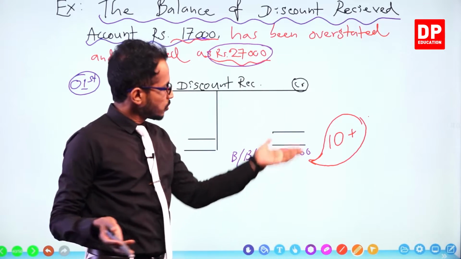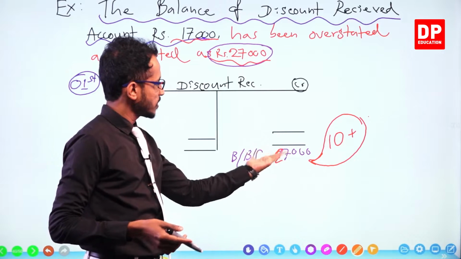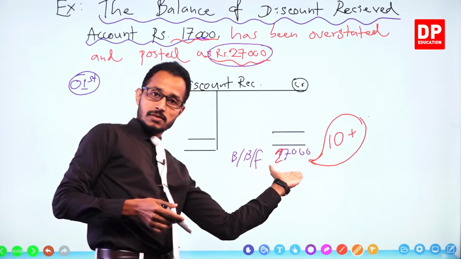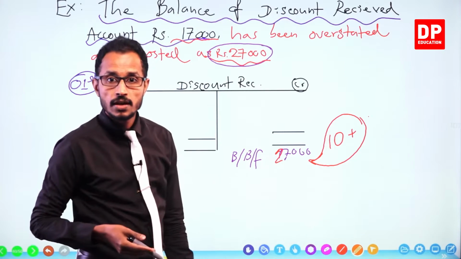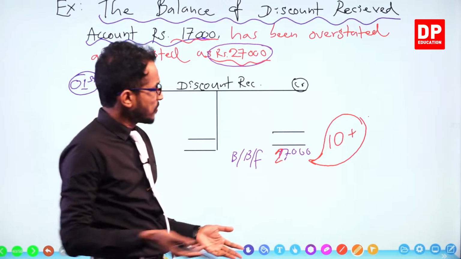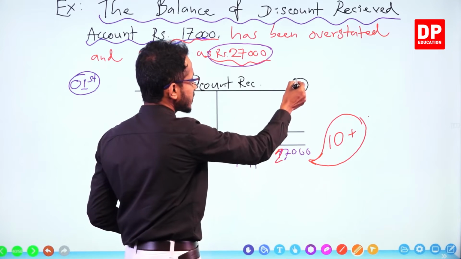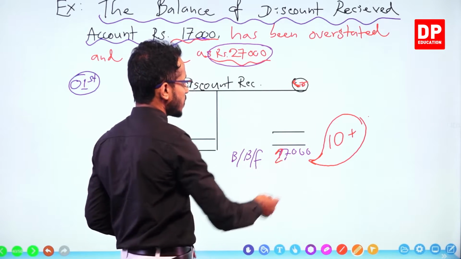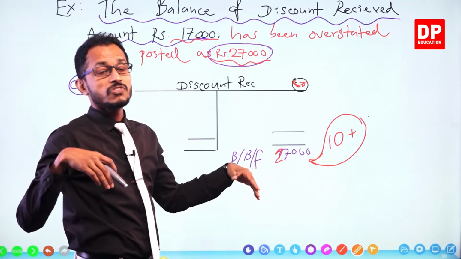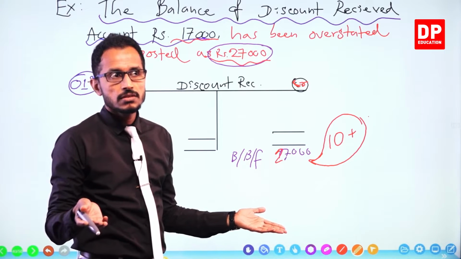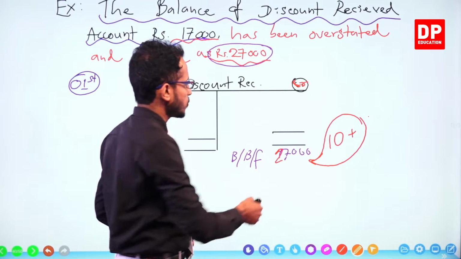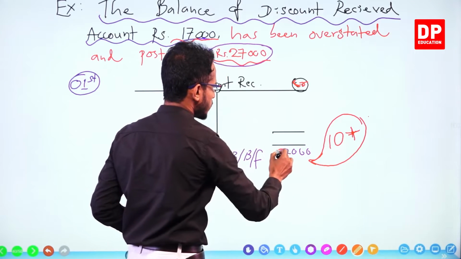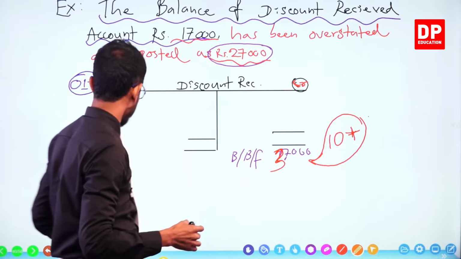What do you do to correct this error? Well, of course, if you put 10,000 here to the credit side, the error will be worsened. It will be escalated. It will be even more serious, because if you put 10,000 to this side, this will be 37,000.